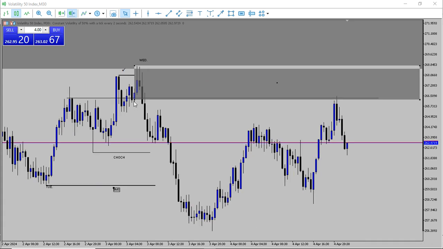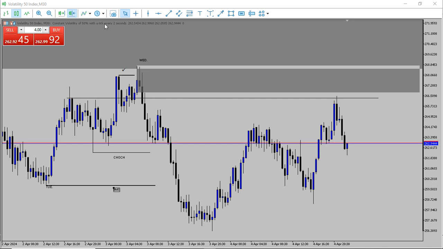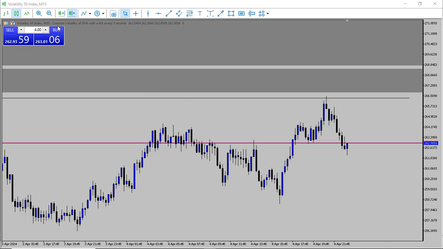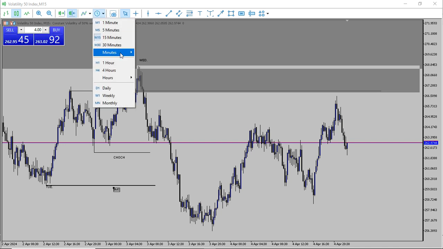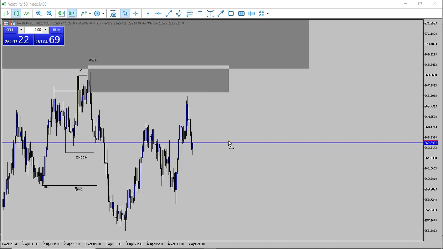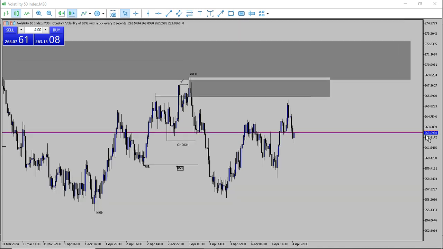And my supply zone, this is it right here on the 30 minutes that I marked out. So on the 15 minutes, that is where you see the KML I marked, which is the body right here. So having it in confluence with the 30 minute supply zone.